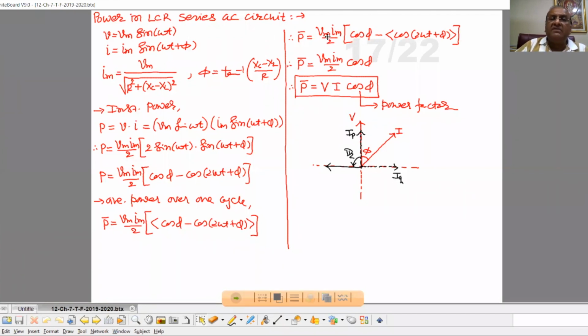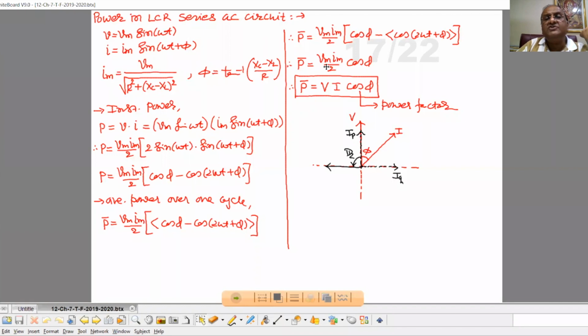So average power, that is Vm Im by 2 into cos phi minus average of cos (2 omega t plus phi). But average of cos (2 omega t plus phi) over one period, that is 0. So we can write average power, that is Vm Im by 2 cos phi.